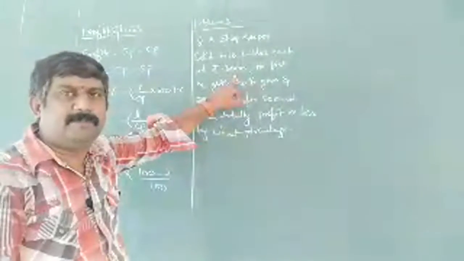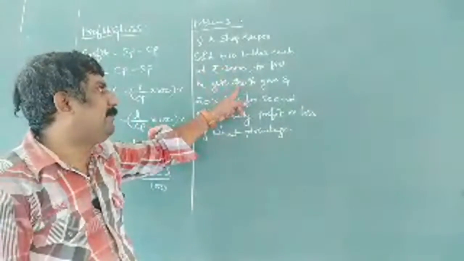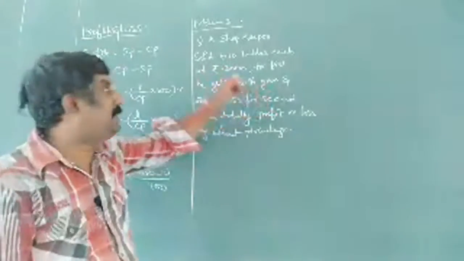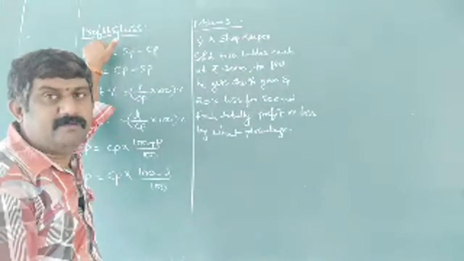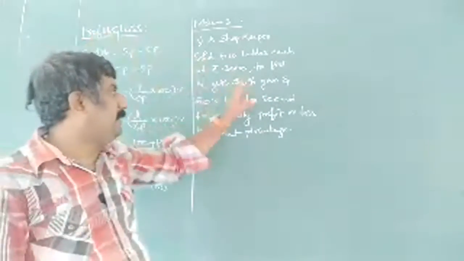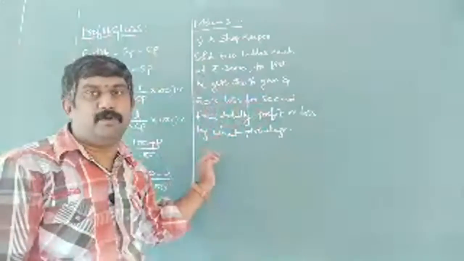So that means he is selling both the tables at 3000 only. On the first table he is getting 20% gain. Gain is nothing but profit, a similar word for profit. And 20% loss for the second one. Find whether totally he is getting profit or loss.